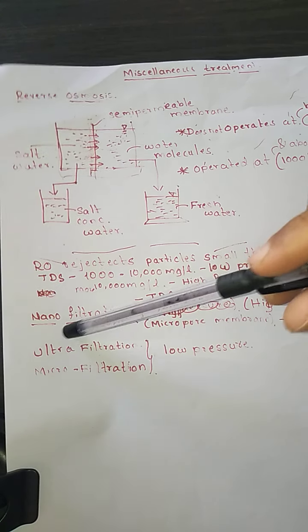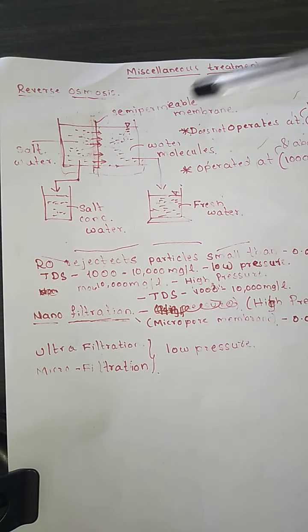There are also ultra and microfiltration, which have low-pressure filters. This particular reverse osmosis works at a pressure of around 1000 kg per centimeter square and above.